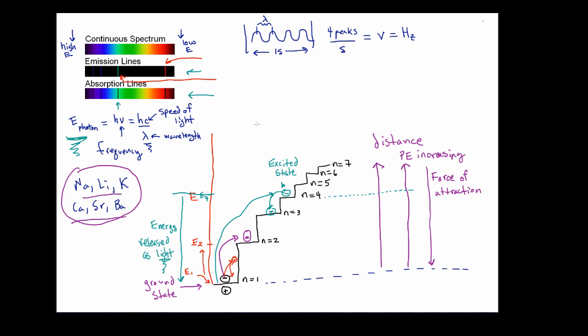When it does that, the energy that it gained getting to that upper energy level is going to be released as light. And we see that light as a very specific wavelength of light because the energy difference that's released when the electron jumps back down is released as a single band of light given by this equation.